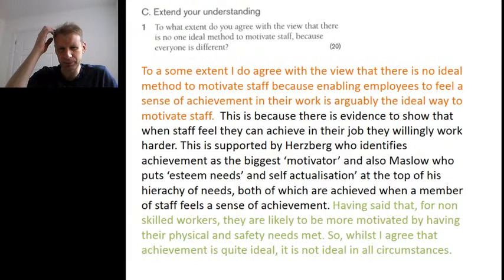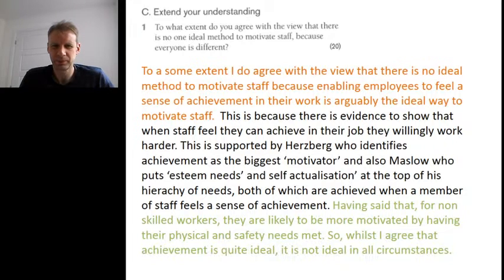For number 2, have a read of this one. Okay, you might want to pause it because I'm just going to quickly sum up a few key things about this paragraph.